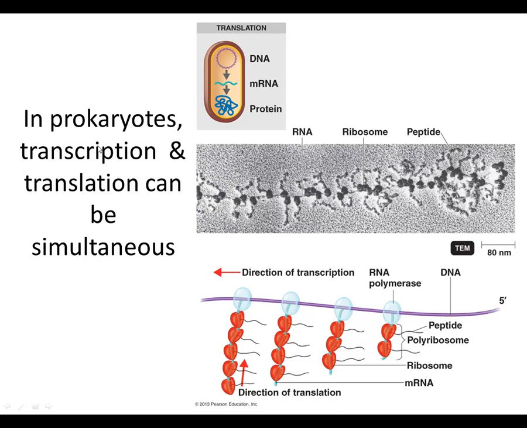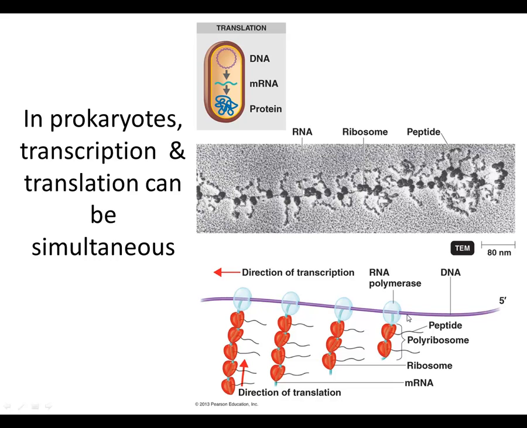If we look at prokaryotic gene expression, we can see RNA polymerase makes a messenger RNA. The messenger RNA is shown in green here, and we can see that a bunch of ribosomes are gang tackling the same messenger RNA. Yeah? You see that? There's no mechanism, and the messenger RNA isn't even done being made.